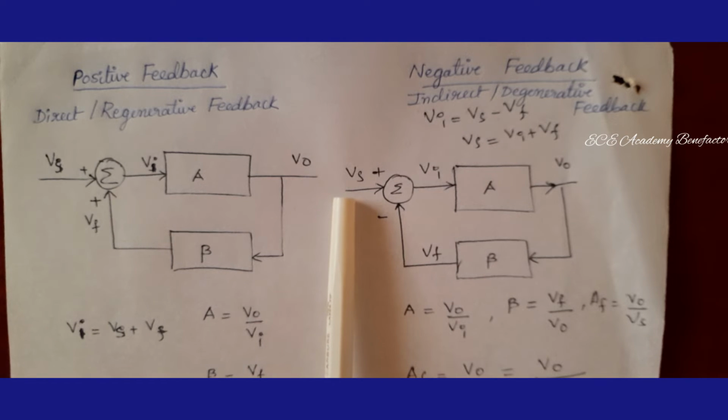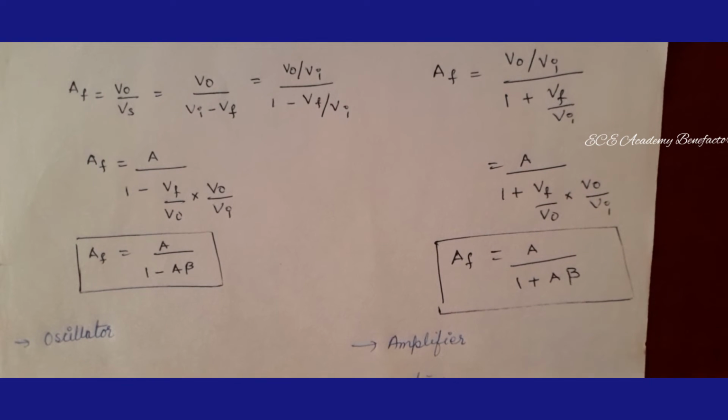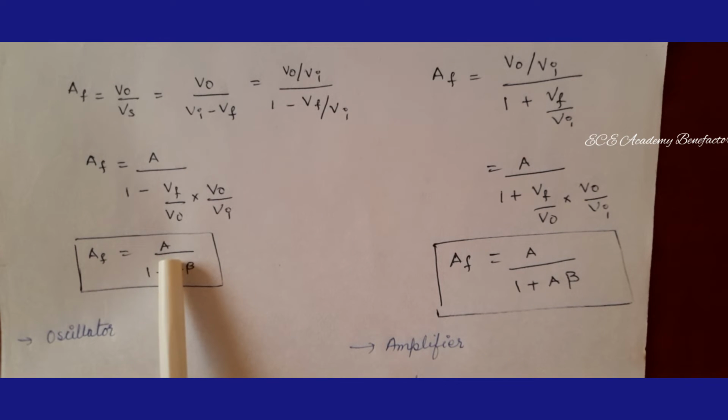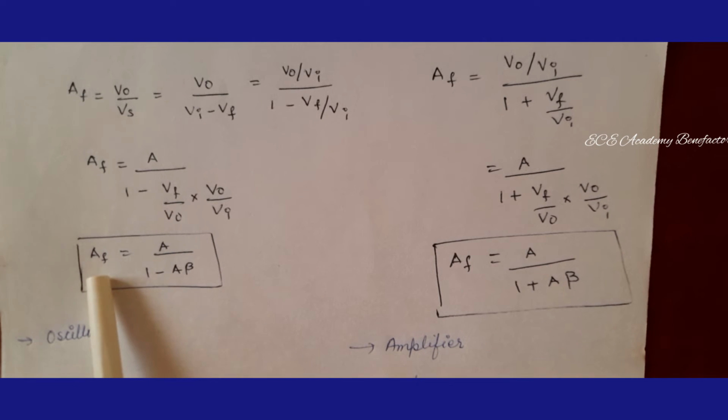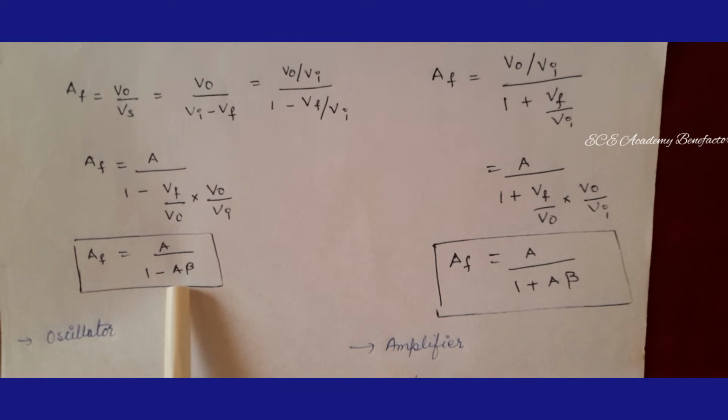We have done the derivation of gain in our previous class. The gain equation for positive feedback is AF, where AF is the gain with feedback, and A is the open loop gain, gain without feedback. For positive feedback, the gain equation comes out as A by 1 minus A beta.